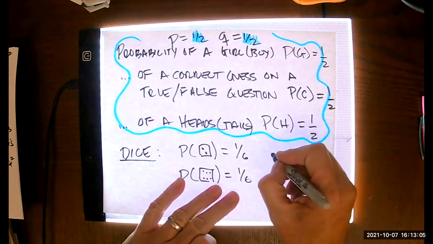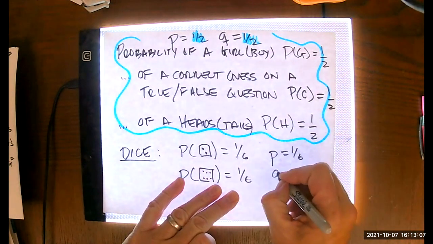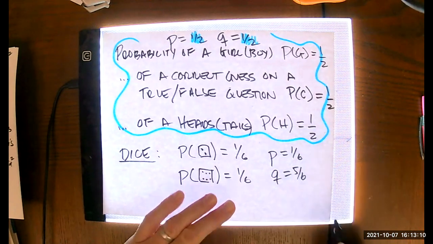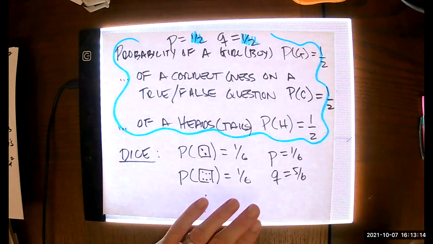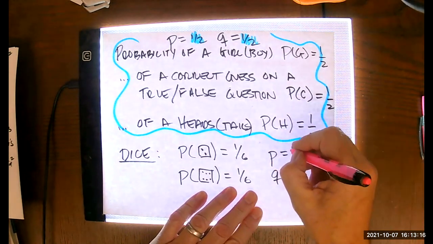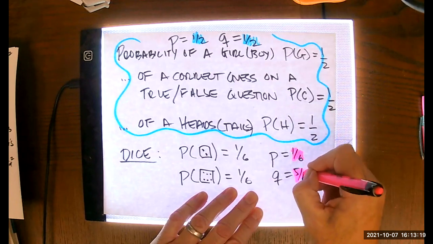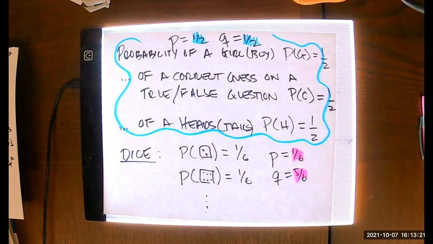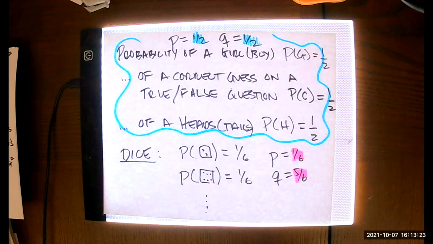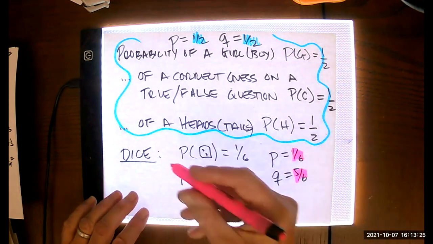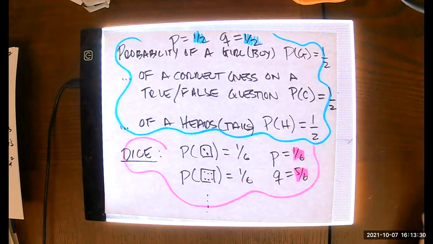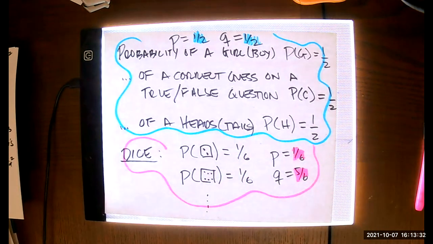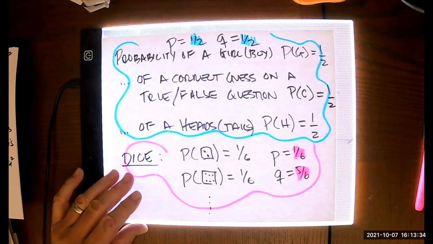For dice, P is 1 out of 6, Q, 5 out of 6. And here again, you're expected to know that dice have 6 sides, and if they are fair, they come up with equal likelihood. So in terms of dice, there we go. Other than that, you really can expect the P and the N to be really prominently displayed in any of these types of problems.